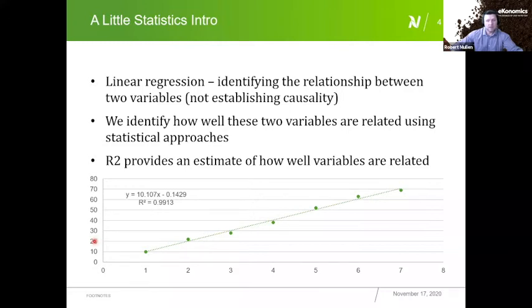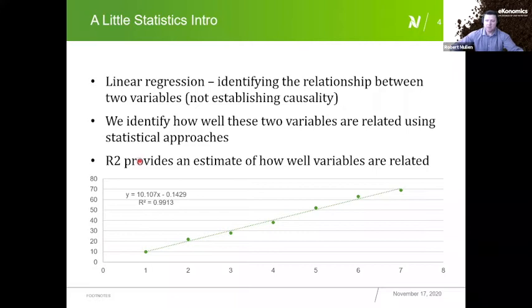It doesn't necessarily mean that this is causing this. It just means that they're related. They could be responding to an unmeasured independent variable that is ultimately dictating these two, and these are ultimately two dependent variables. I don't want to drag you into the world of regression, but just make sure you understand that relationships between things don't establish a causal relationship between them.